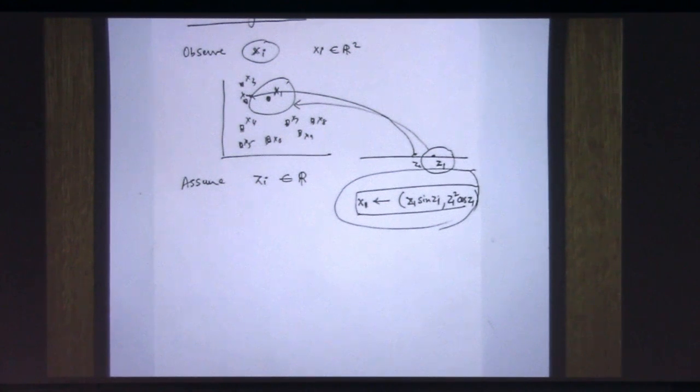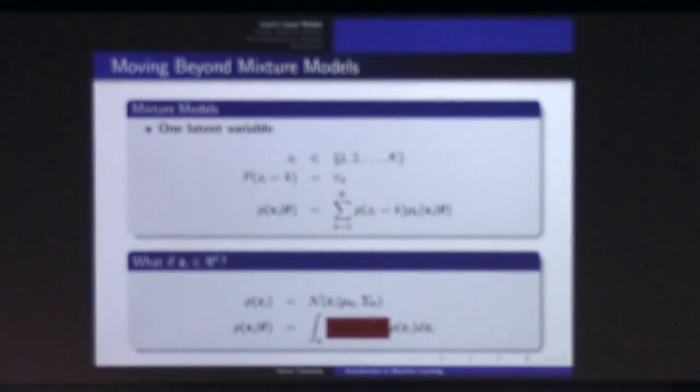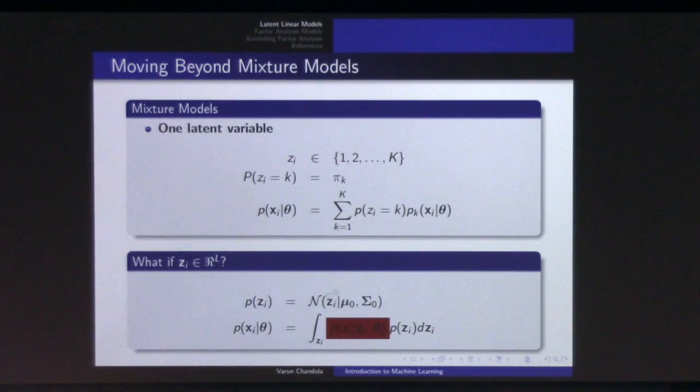So today I just want you to go back with the notion that factor analysis is an extension of mixture models, in which instead of assuming that your latent variables zi are discrete, you assume that they are continuous, right? And geometrically what I've shown you is that it gives you some notion of dimensionality reduction, and we will talk about it more on Friday.